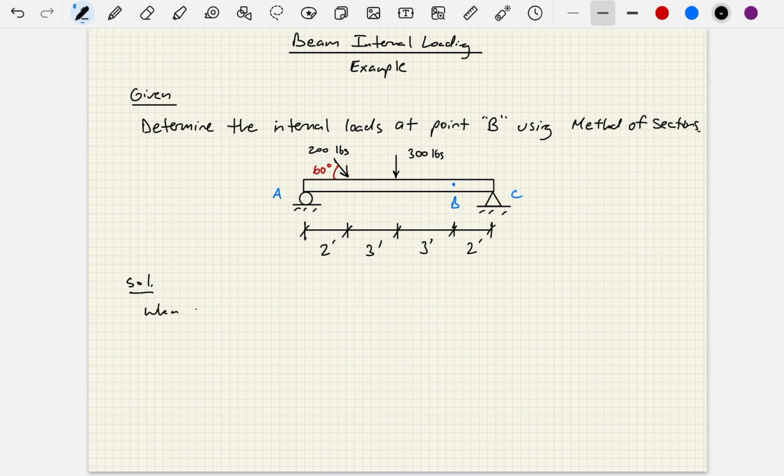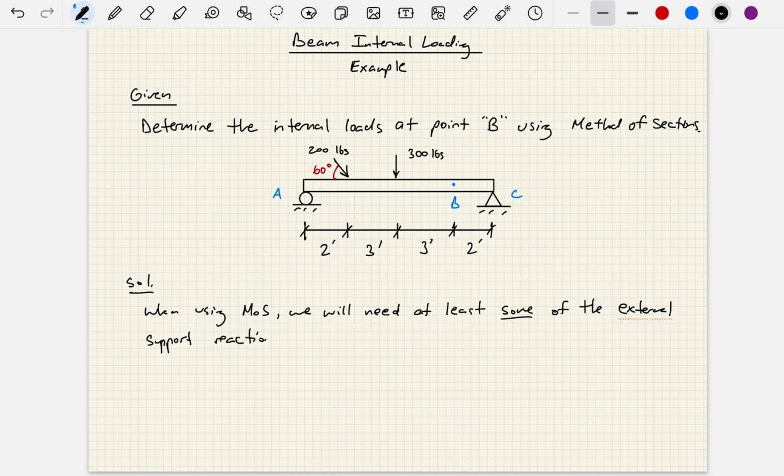When using method of sections for this particular problem, we will need at least some of the external support reactions for this beam.